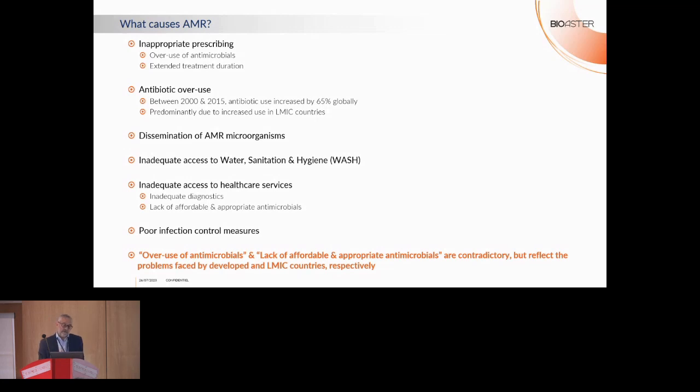Inadequate healthcare services are also a huge problem, with inadequate diagnostics and the lack of affordable and appropriate antimicrobials. Poor infection control measures. You know, when they tell you to wash your hands or use this gel when you go in the hospital, this is really, really important. And so the overuse of antimicrobials and the lack of antimicrobials seem contradictory, but do reflect the problems faced by developed and LMIC countries.